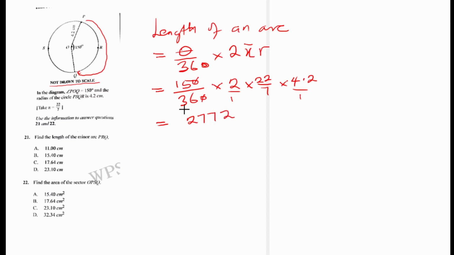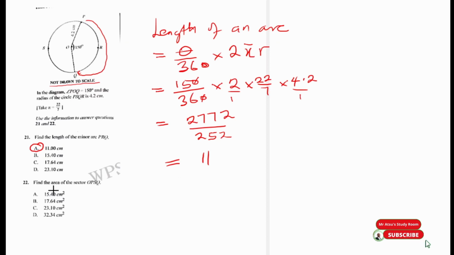Then 36 times 7 also gives us 252. And 2,772 divided by 252 is 11. That means the answer for question 21 is A, 11.0 centimeters.